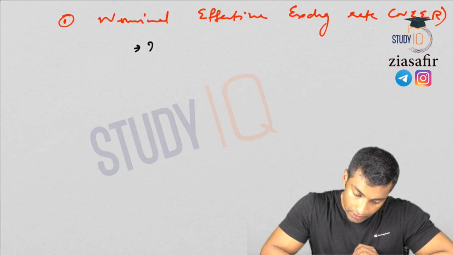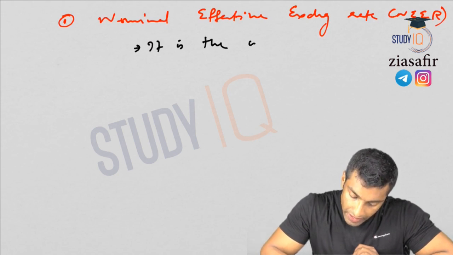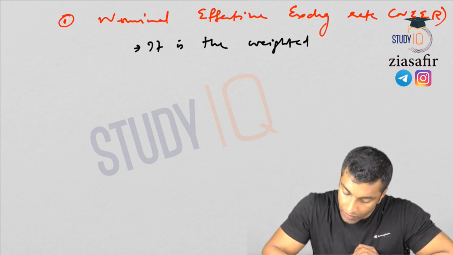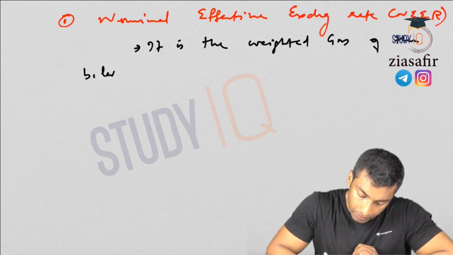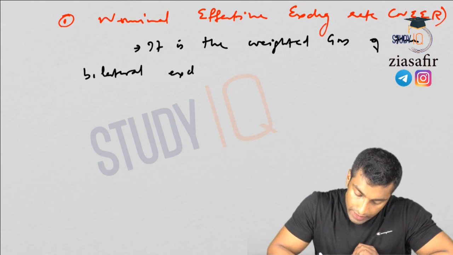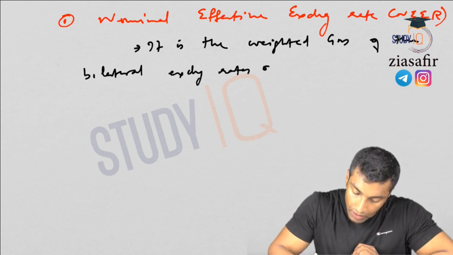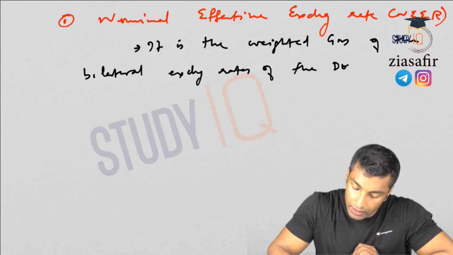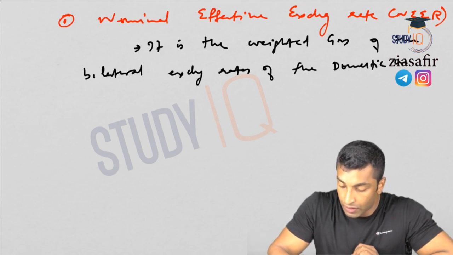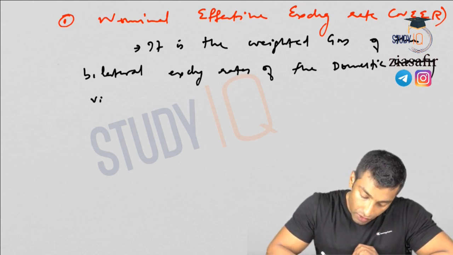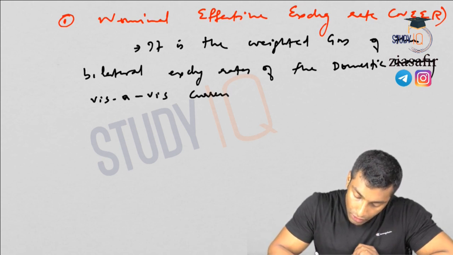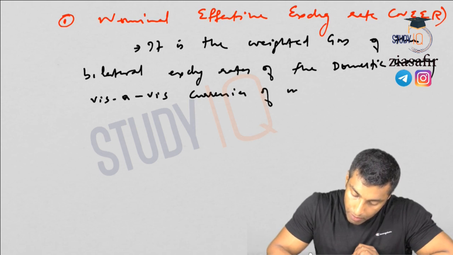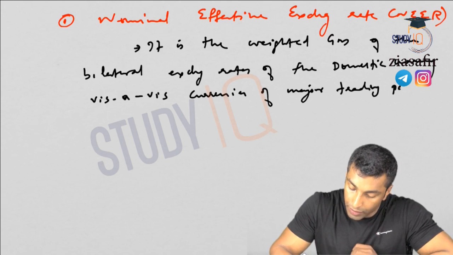Okay, so it is the weighted geometric mean of the bilateral exchange rates of the domestic currency vis-a-vis currencies of major trading partners.